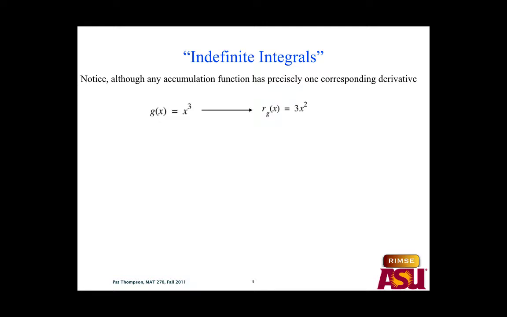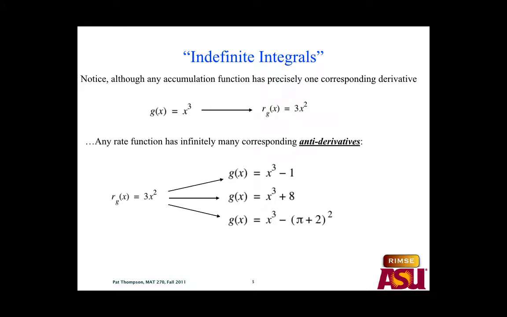Just to point out, this is just what I said earlier. If I know that g of x is x cubed, then its derivative would certainly be 3x squared. Its rate of change function would be something we could write as g prime of x, or r sub g of x equals 3x squared. But there are infinitely many things that have the exact same derivatives.